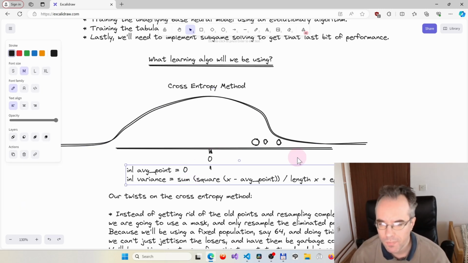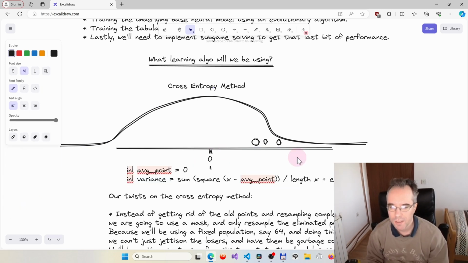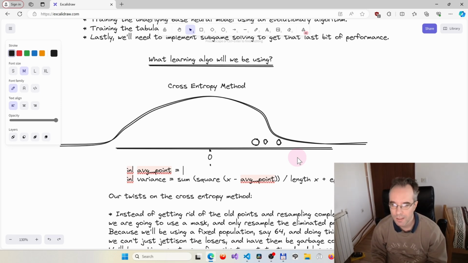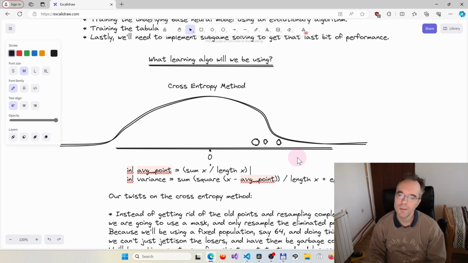So a better approach would be to take the average and instead of having it come all the way to 0 at every iteration, it could be some kind of linear combination of 0 and the average.